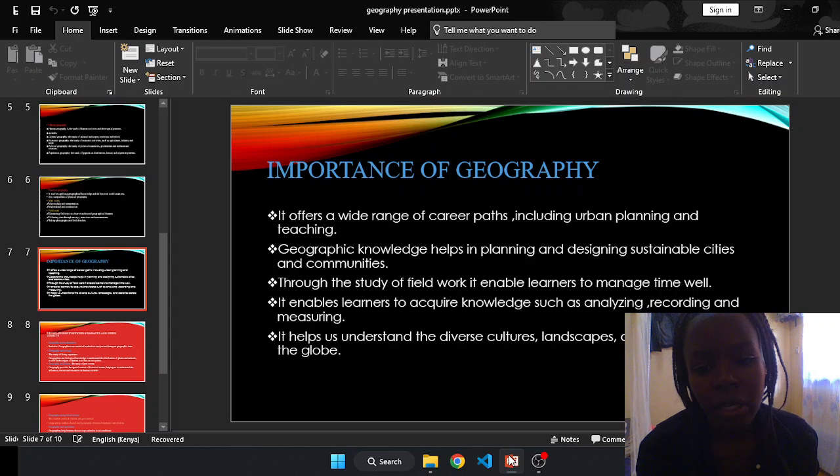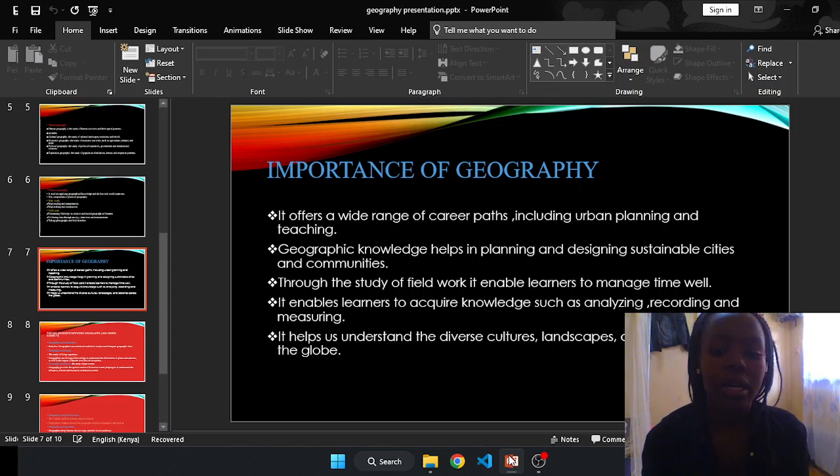Under fieldwork, a student can go to the field and collect some required data. It helps them to manage their time well. They can schedule their work in a suitable manner. So fieldwork enables learners to manage their time well.